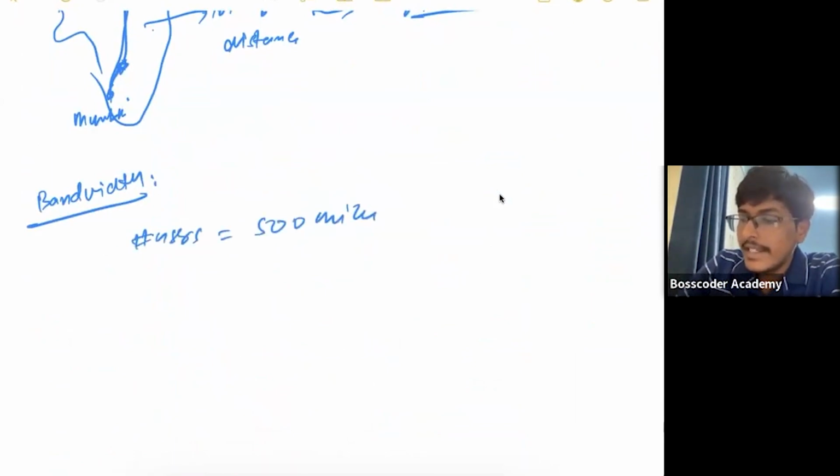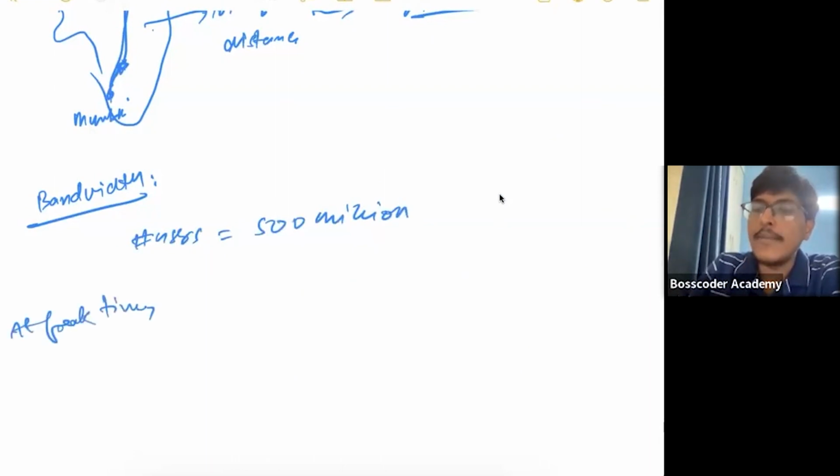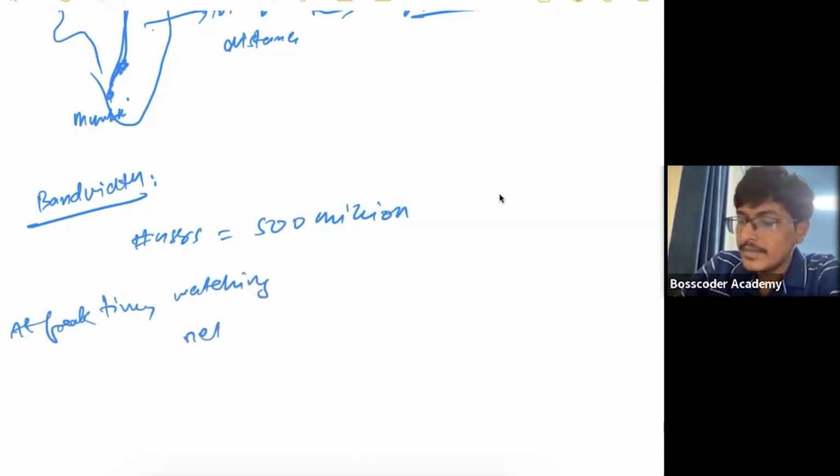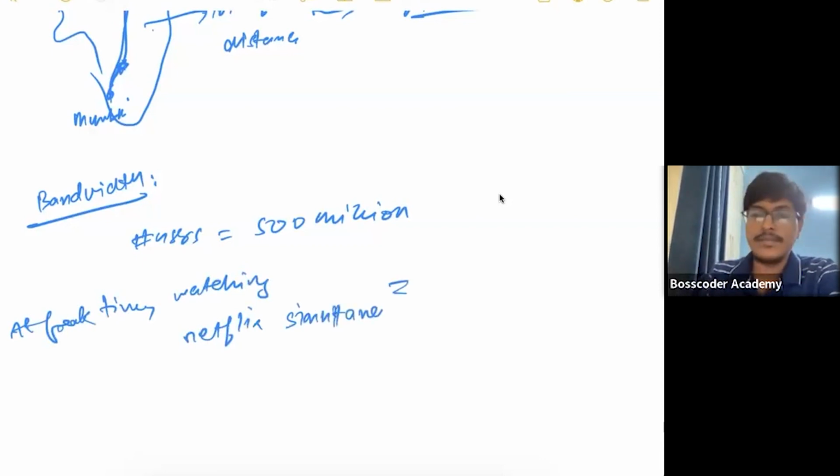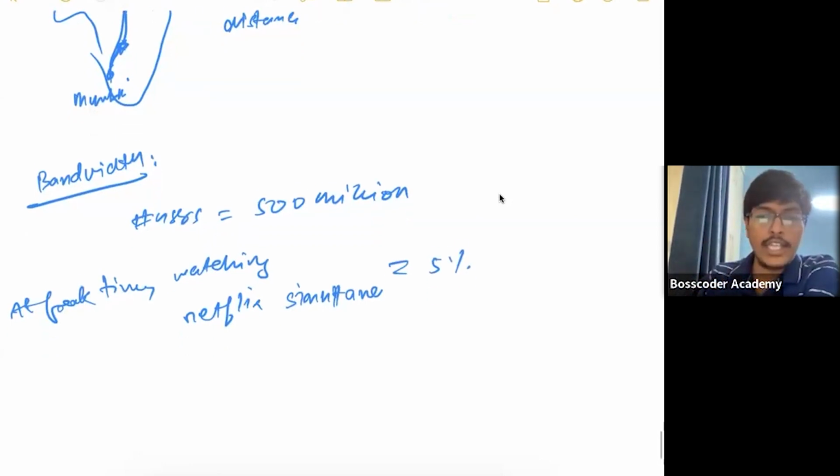Tell me, at peak time, how many users will be watching Netflix simultaneously? 5 to 10% of users, right? Let's say 5% of people are watching Netflix at peak time.